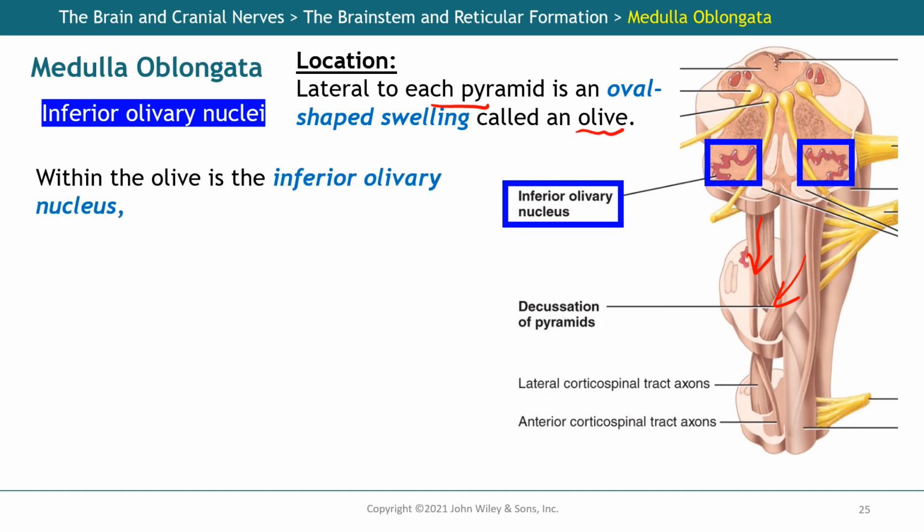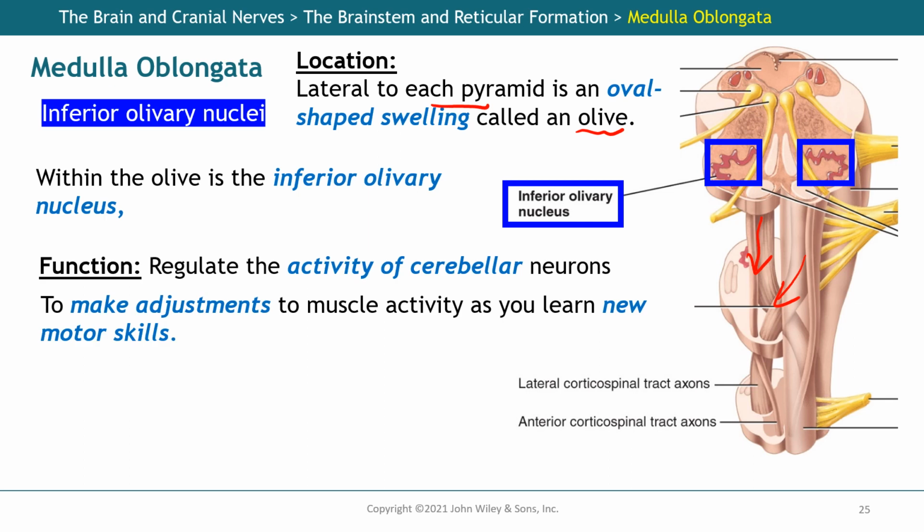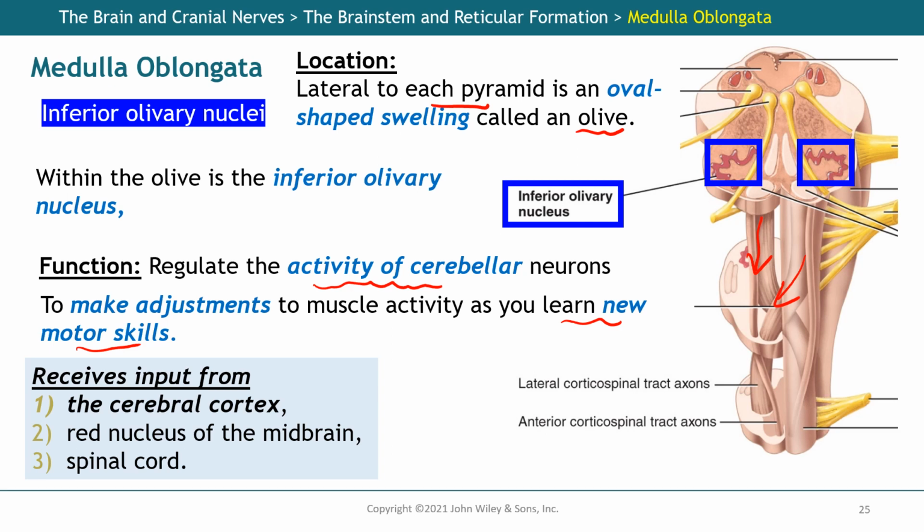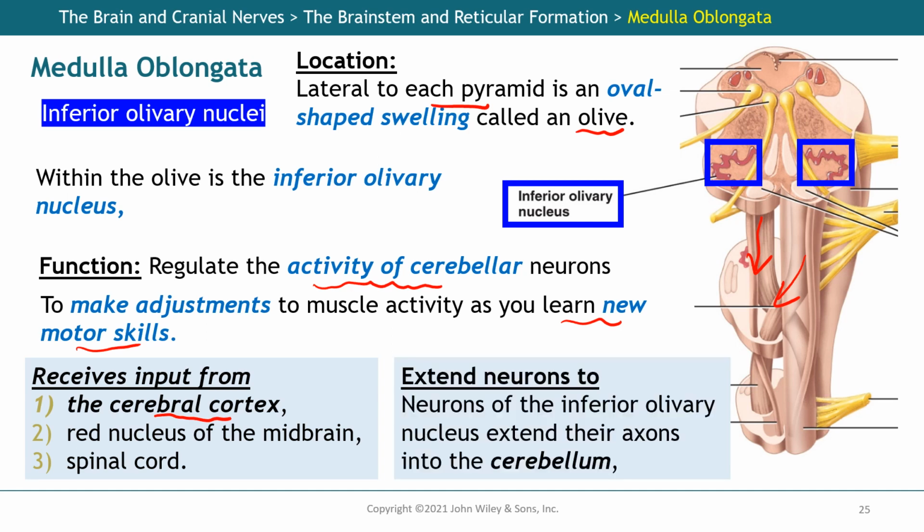In the inferior region, you have a group of neurons that control the activity of the cerebellum neurons, and they allow you to learn new motor skills. They receive information from the cortex of the brain, and instead of sending it to the spinal cord, which is generally what we have been talking about, they send it to the cerebellum. So with this, we've finished the medulla oblongata, and now we're going to move into the other part of the brainstem.